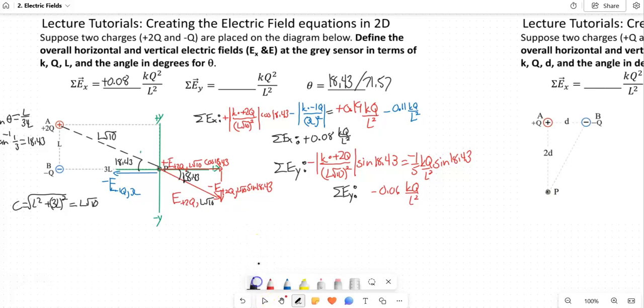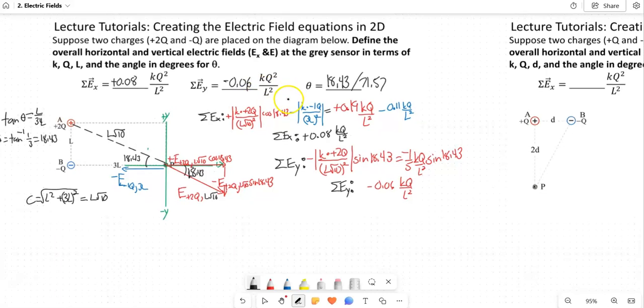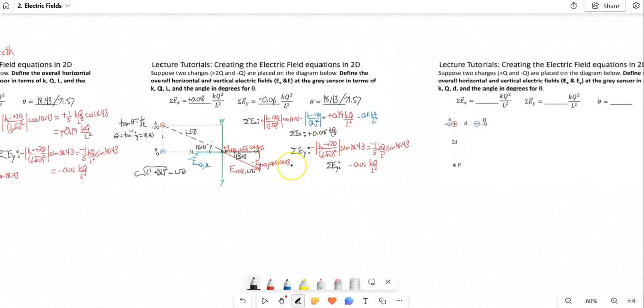That was just negative k positive 2q over L square root of 10 squared sine of 18.43. So we get the same part right here, 1/5, except instead of dealing with cosine of 18.43, we have sine of 18.43 divided by 5. So this is going to be negative 0.06.